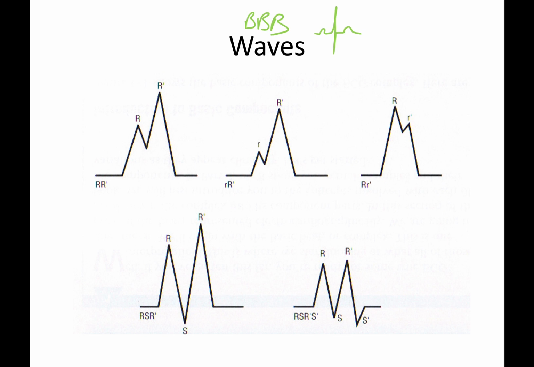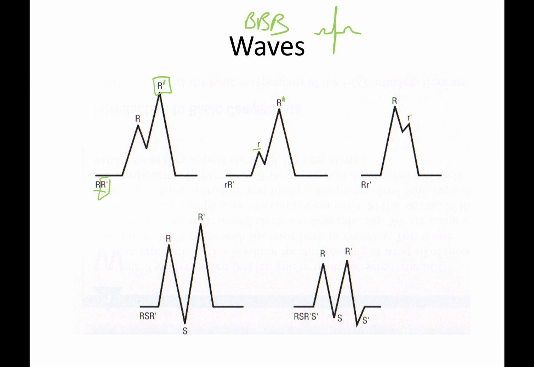The naming nomenclature is as follows. Large peaks will be given capital R's, a small peak will be given a lowercase r. The second one will be given a prime. So this is what's known as R prime, or lowercase r, capital R prime, because you've got that lovely little mark next to them.